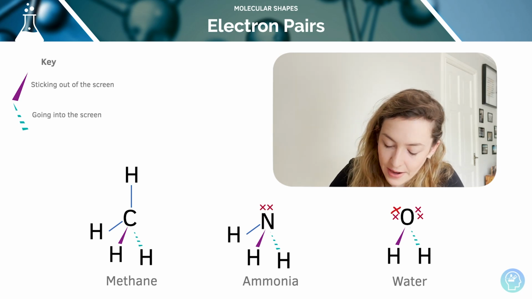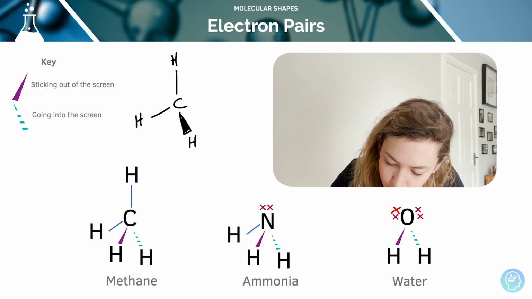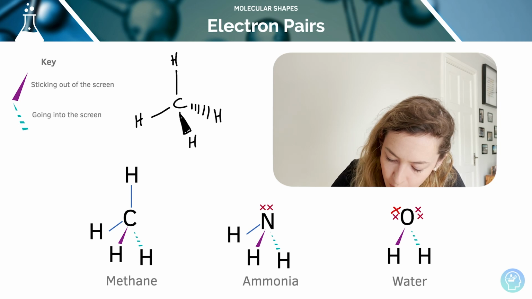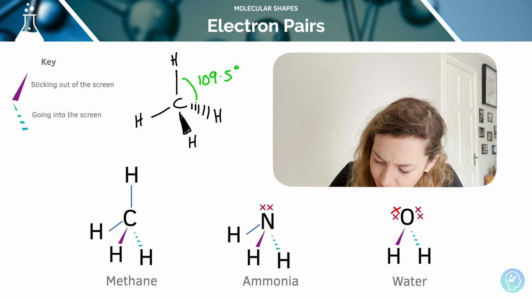So with methane, if I draw a slightly clearer example of what's going on here, there we go. Each of these bond angles here is going to be 109.5 degrees. Again, ammonia looks a little bit squidged, but maybe I can just about cope with that.